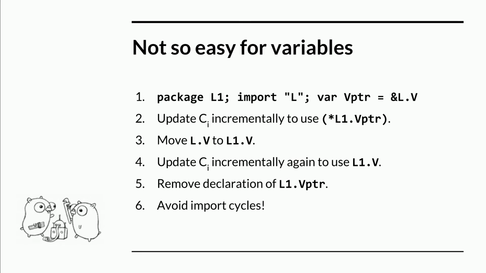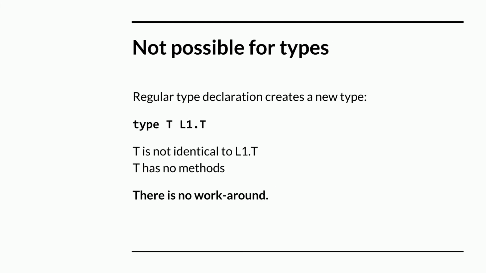And it's pretty tricky because if you don't do this in the right order, if you move some stuff first from L to L1 before you move the variables, then you get cyclic imports. Because in order to do this, you have to import L in L1, but in order to move some other things forward from L to L1, you have to import L1 in L. So it's a nasty problem.